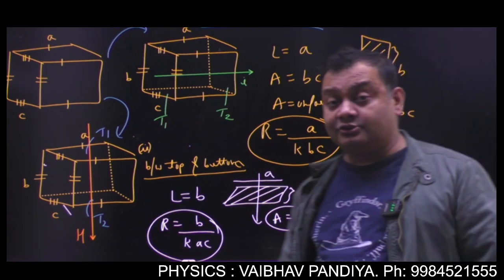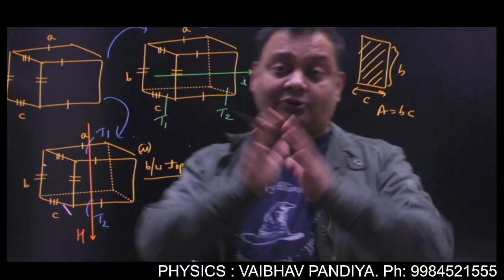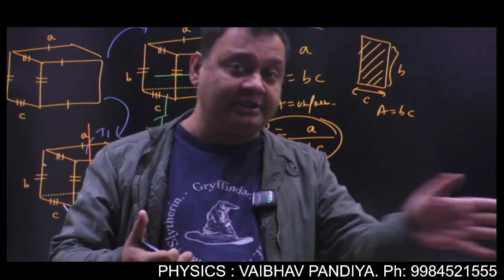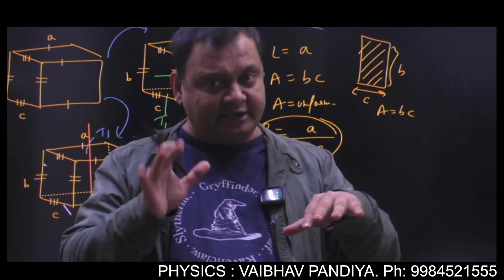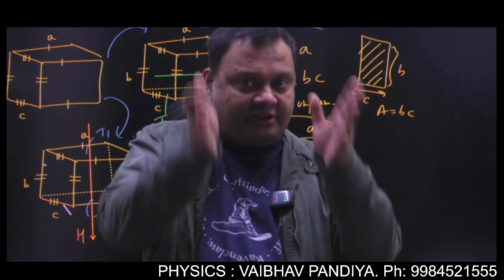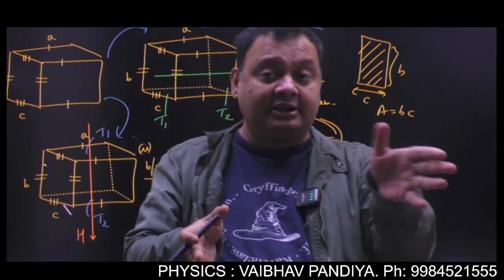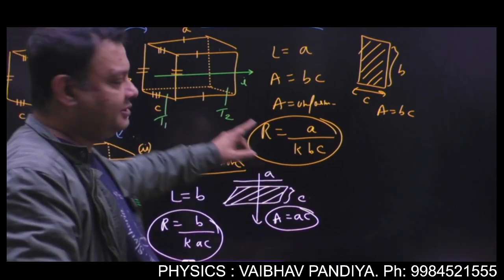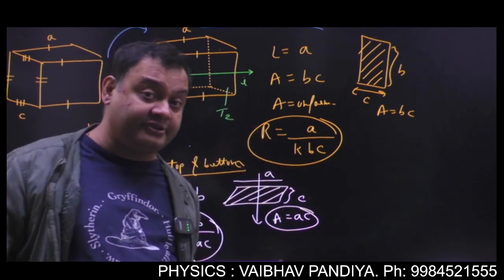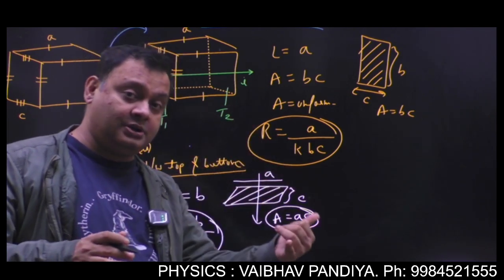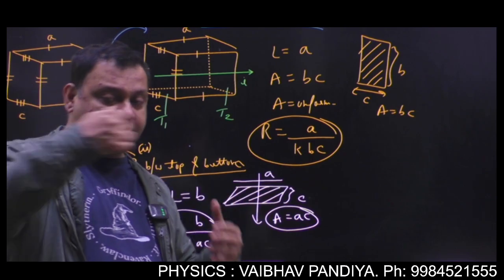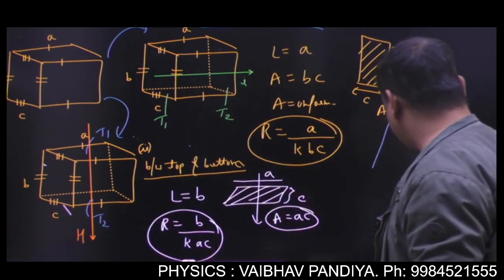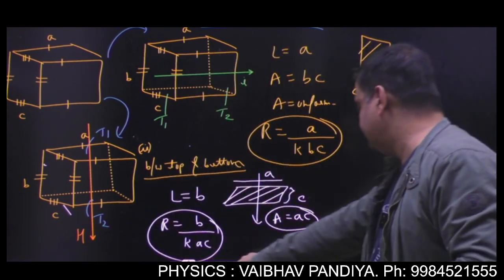So the resistance is not only the property of the object, it is also the property of the pair of surfaces through which the thermal current or heat is flowing. Are you getting the point? So whenever you are finding the resistance, be clear about the two surfaces across which the heat will flow. The length between the two surfaces will give you the value of L, and the slice, the cross-sectional area, will give you the value of A. Got it?